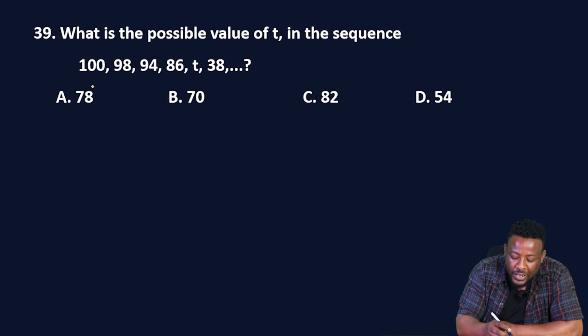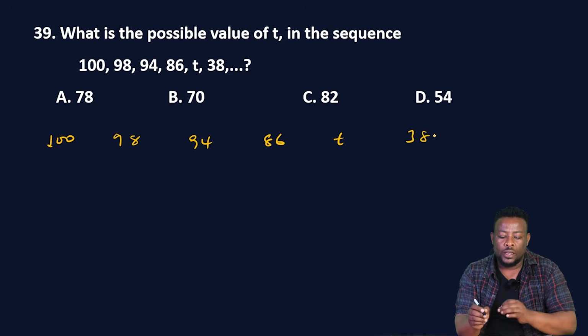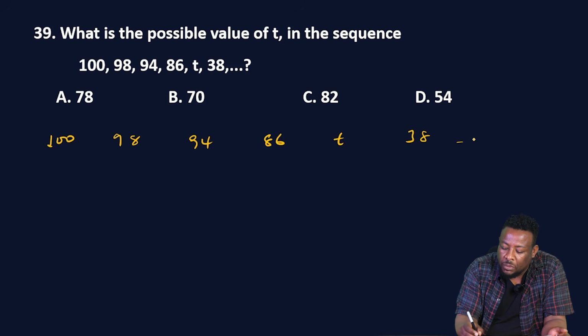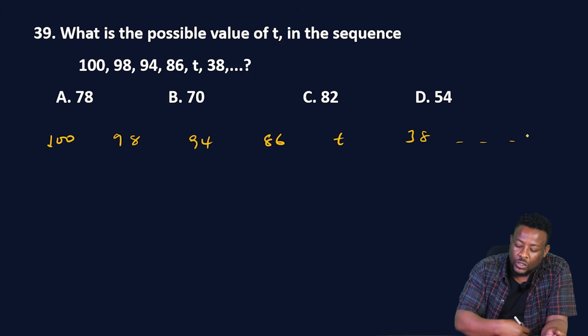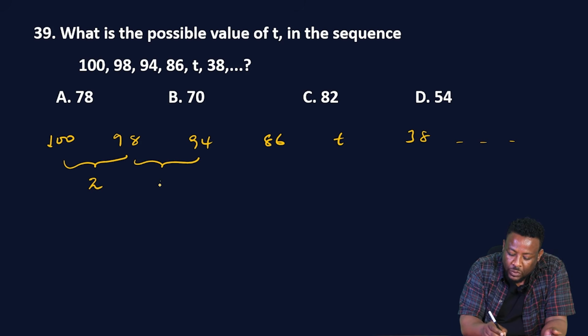Okay, this sequence ውስጥ የመጀመሪያው term 100 ነው፣ ሁለተኛው 98 ነው፣ then 94, 86, t, 38 እያለ ይሄዳል። Okay, so እዚህ ሲኩዌንስ ውስጥ የቲ ዋጋ ምን ይሆናል የሚል ነገር ነው የተጠየቅነው። So whenever we see the difference between the consecutive terms, በአንደኛውና በሁለተኛው ተርም መካከል ያለውን ዲፍረንስ ስናይ 2 ነው። እዚህ ጋር ያለውን ዲፍረንስ ስናይ 4 ነው, okay, which is 2 to the power of 2. ይሄኛውን ስናይ 94 and 86 their difference is 8, okay, which is 2 to the power of 3.